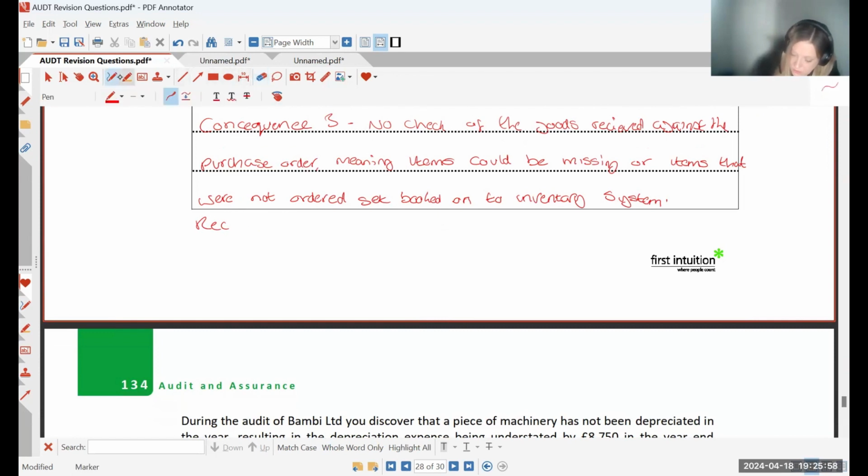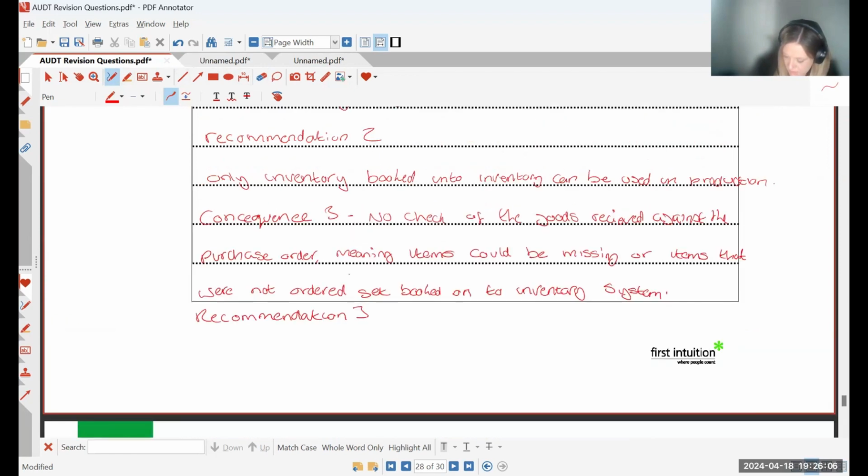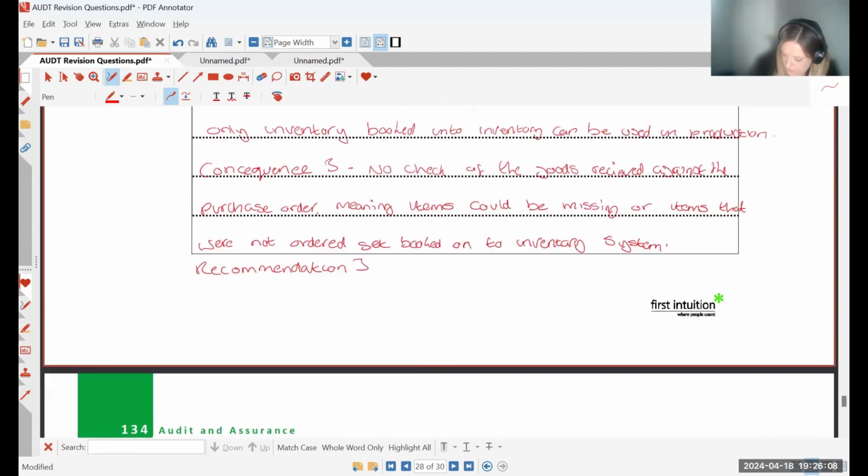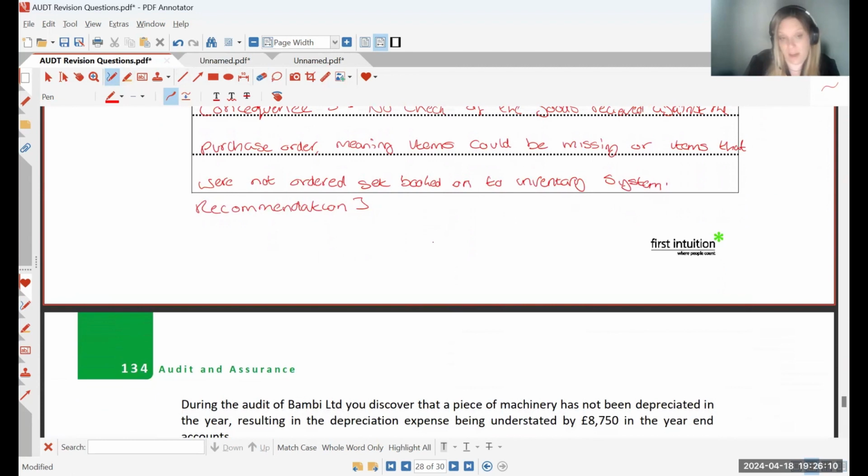Let's spell recommendation correctly. I had a horrible feeling then that I'd spelt it wrong previously as well. And recommendation number 3, very simple. Lenny should be checking the quantity of the goods against the purchase order.